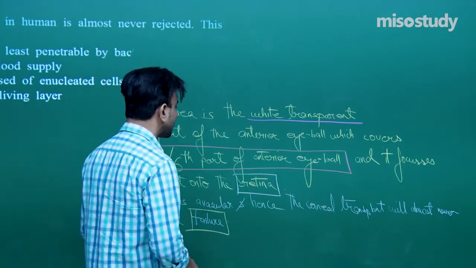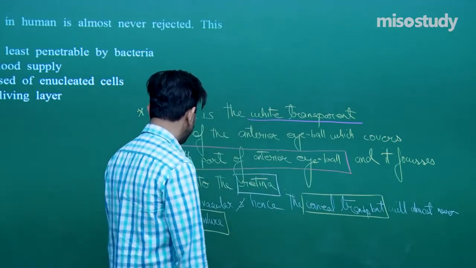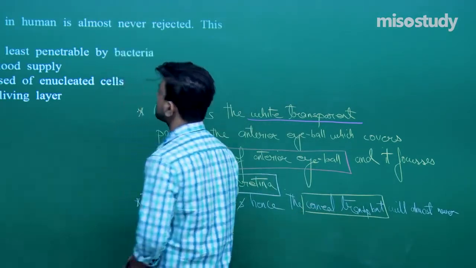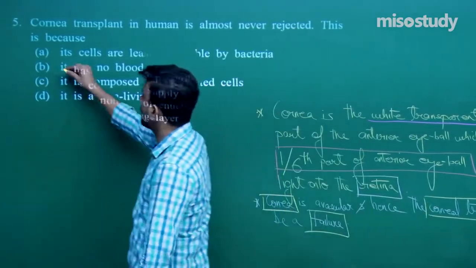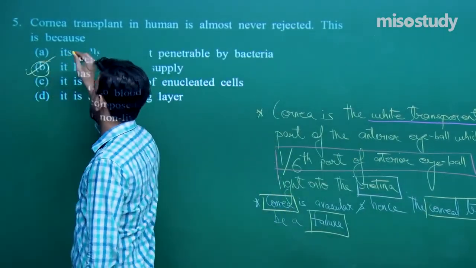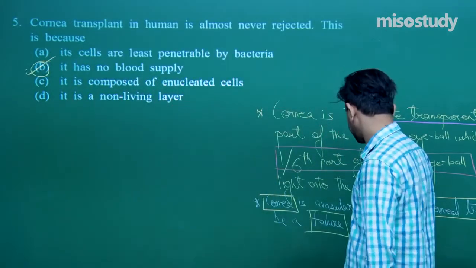So the cornea is avascular, and hence the corneal transplant will almost never be a failure. So corneal transplant in human is almost never rejected. This is because it has no blood supply, and this will be the correct answer for this. Right.